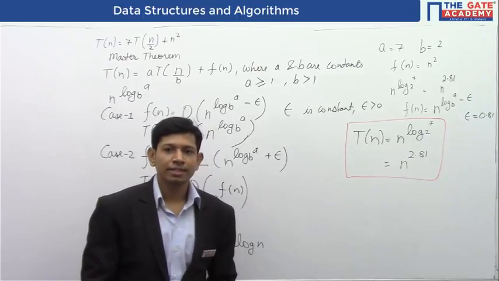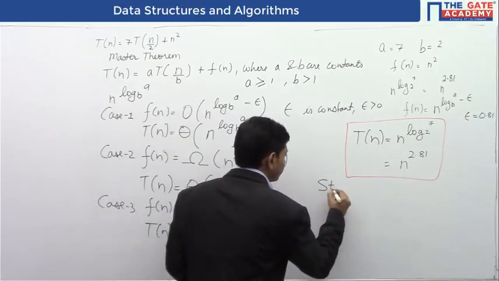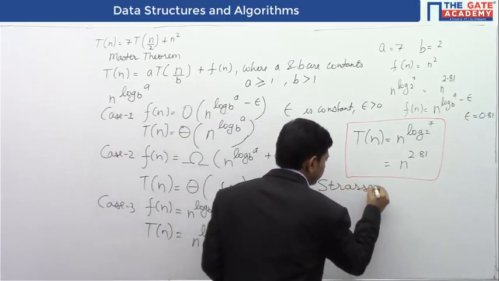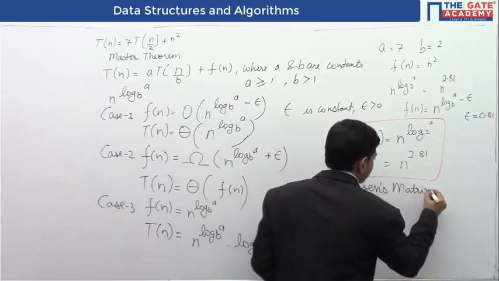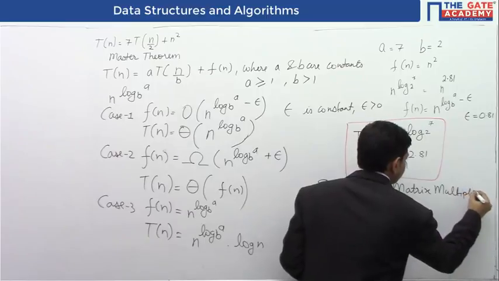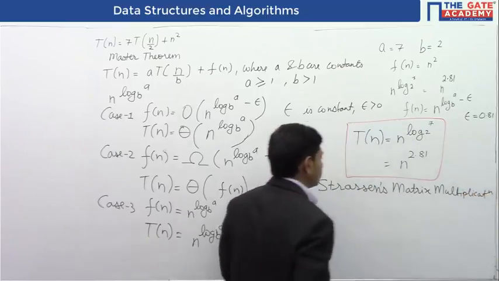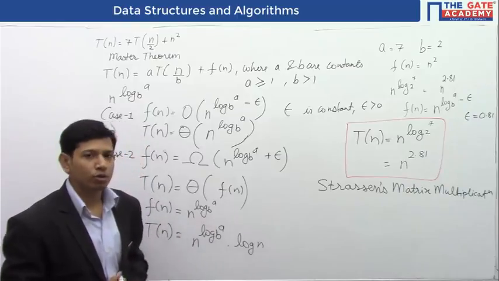The answer will be Strassen's matrix multiplication. The time complexity of Strassen's matrix multiplication is n raised to power 2.81.